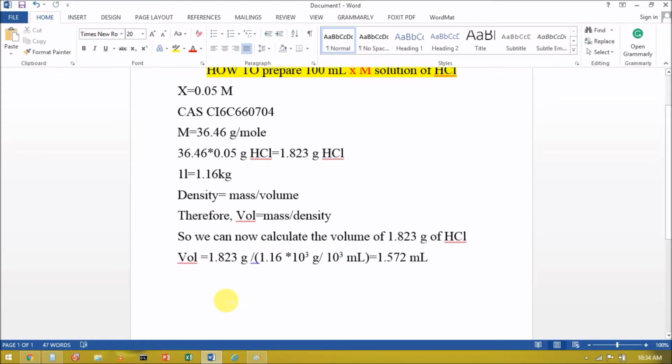So we have found that to prepare 1 liter of 0.05 molar HCl solution, we require 1.572 milliliter of HCl, but it is not over here. You will find that in your HCl bottle there are some figures showing the assay or purity.